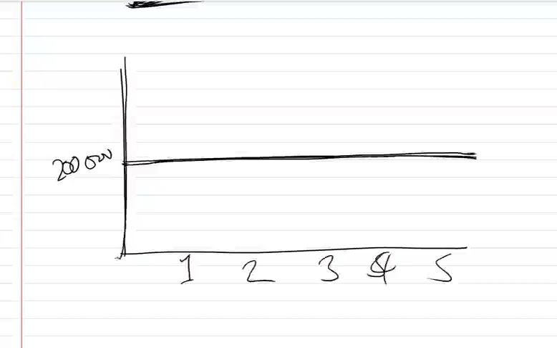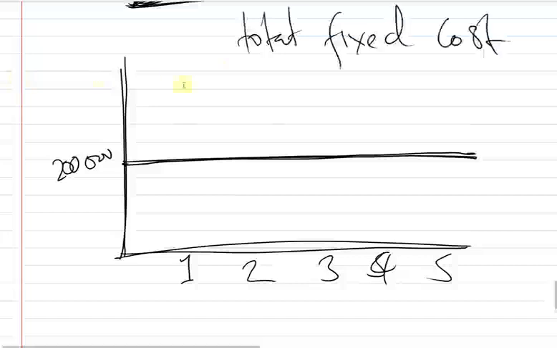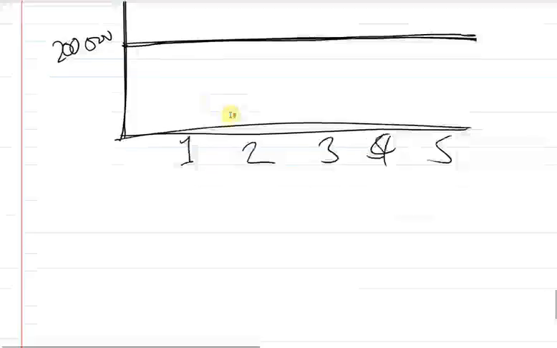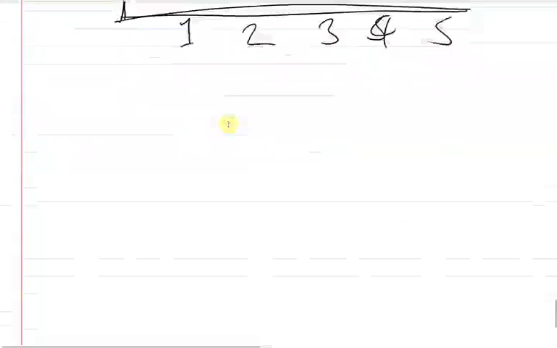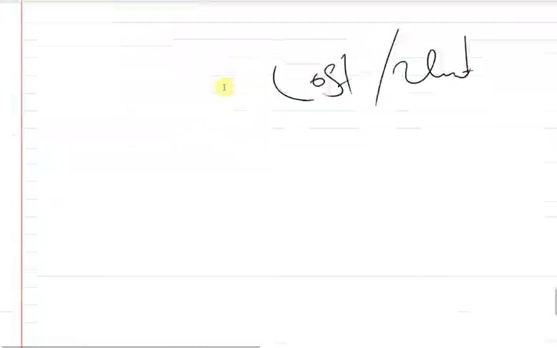That's the total fixed cost graph. While if you are looking at cost per unit, so cost per unit graph, will be like this.